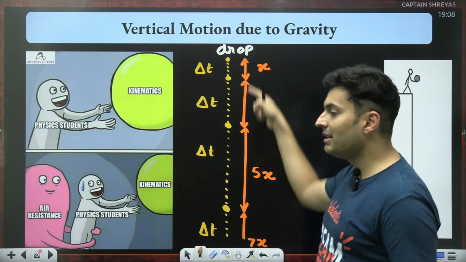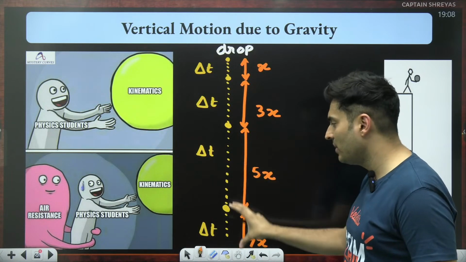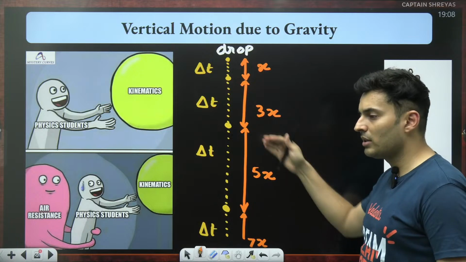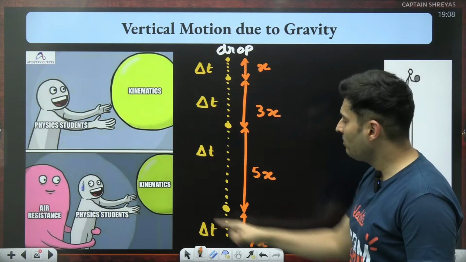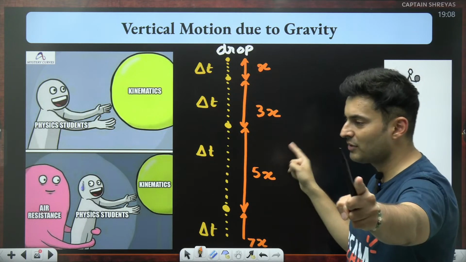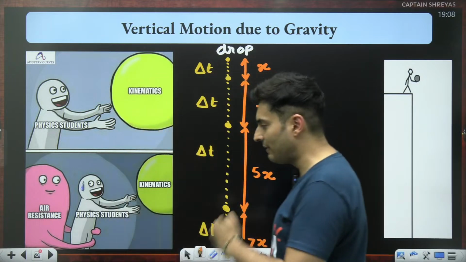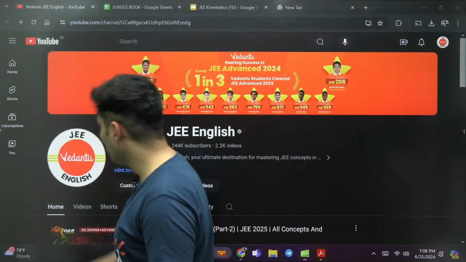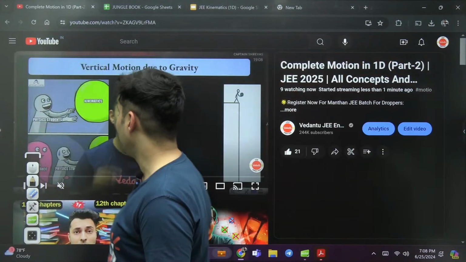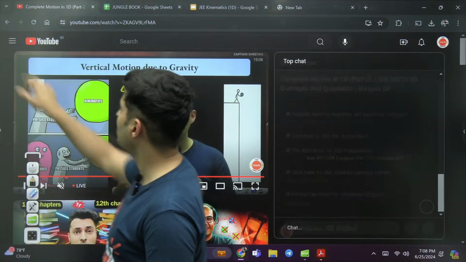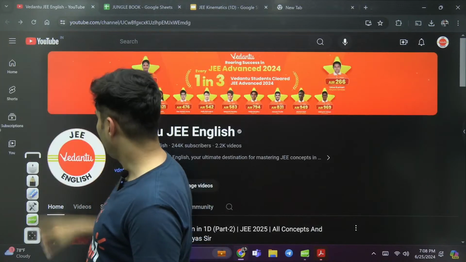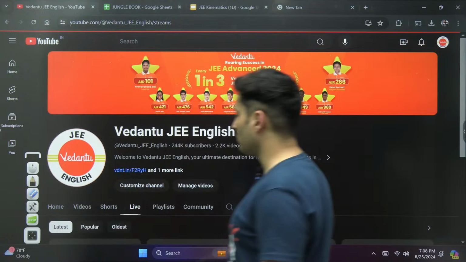And that is why you will see the distances which it travels in the same interval of time are also going to be different. Do you remember this? How many of you remember this from the previous lecture? Why is it 1:3:5:7? Well, that proof I had given to you in the previous lecture, my dear warriors. And this is me in the current lecture. In the previous lecture, here, guys. I was here.